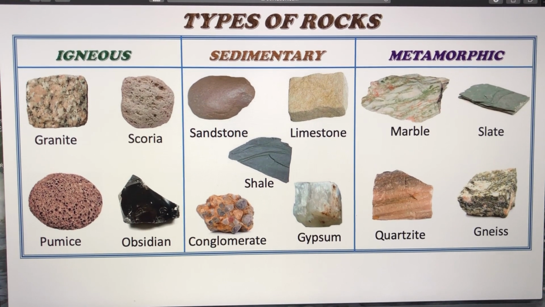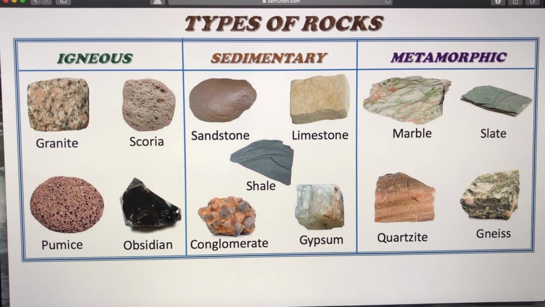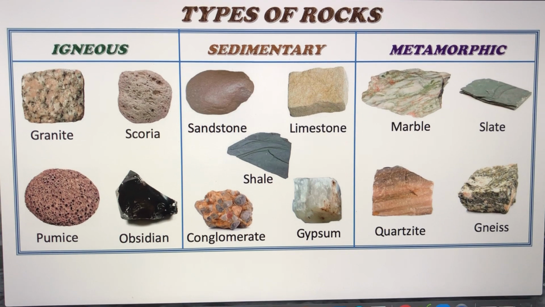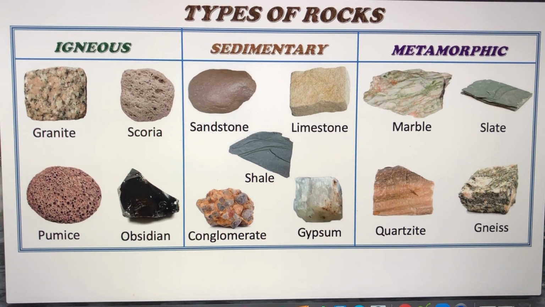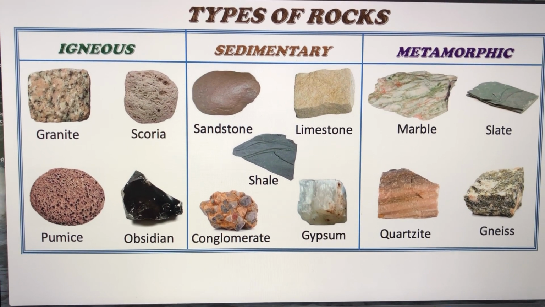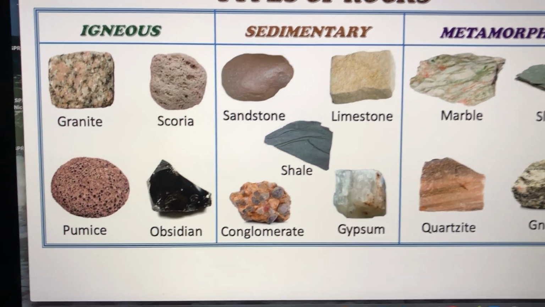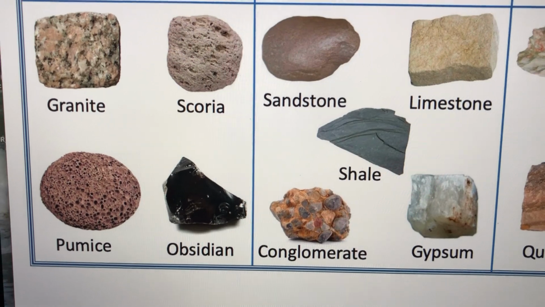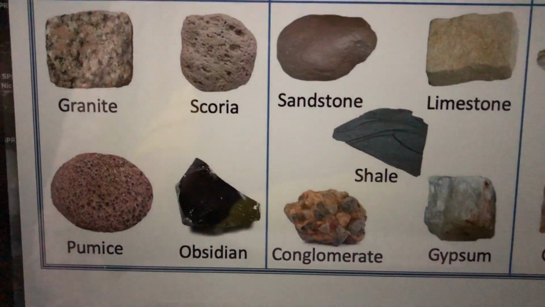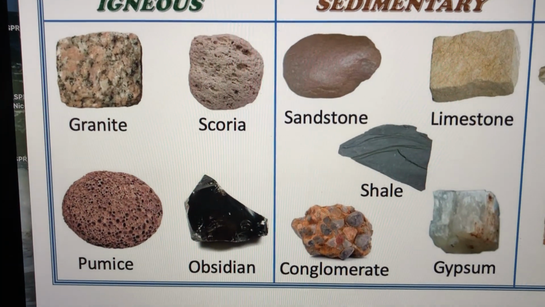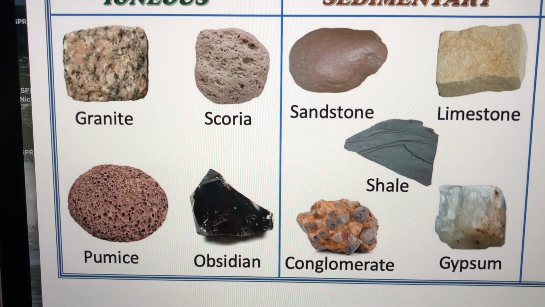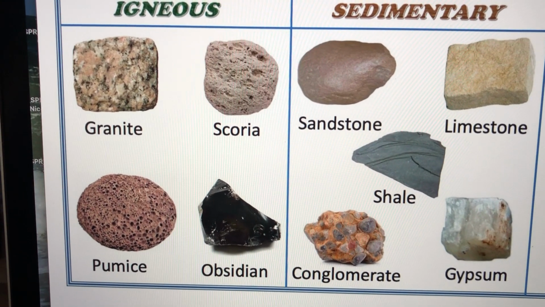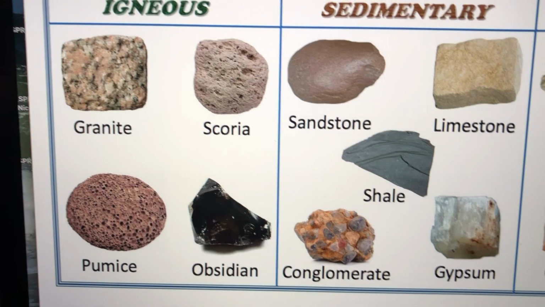And so we have some examples. We have some examples of granite, basalt, and pumice. I have 2 of those over here in my little chart. There's granite. You've also held granite when we did the activities with the scales.